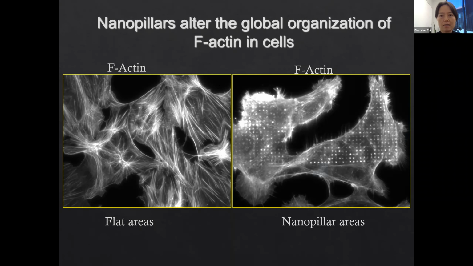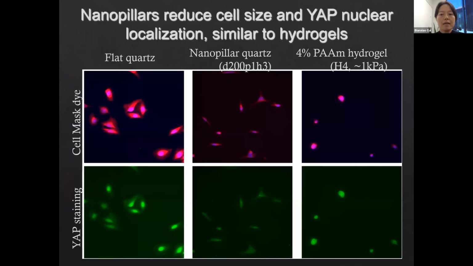So how does this reorganization of the cytoskeleton affect cell behavior? We look at cell area and YAP, which we use as a mechanosensor. We decided to compare 3 surfaces: a flat quartz substrate, a nanopillar quartz substrate, and a hydrogel.